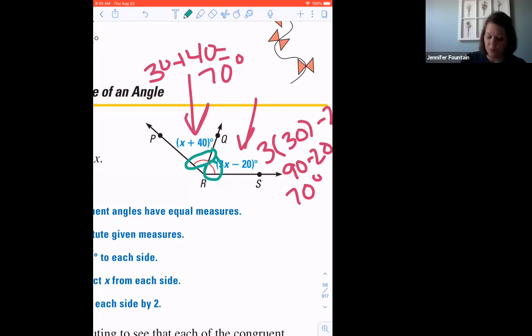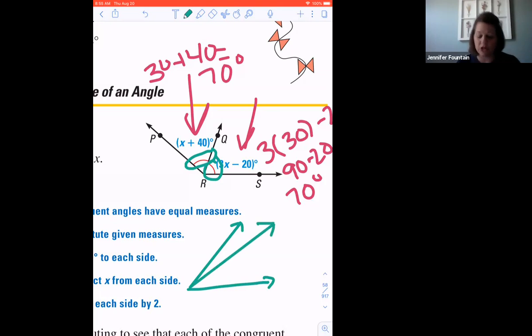Sometimes you might see something that would look like this. You can see that obviously these are not going to be congruent, and you would have one thing here and then two here. That indicates that they are different measures, okay? But like I have right here, if I have got the same arc drawn in the angles, that means that they are equal measures. Does that make sense?